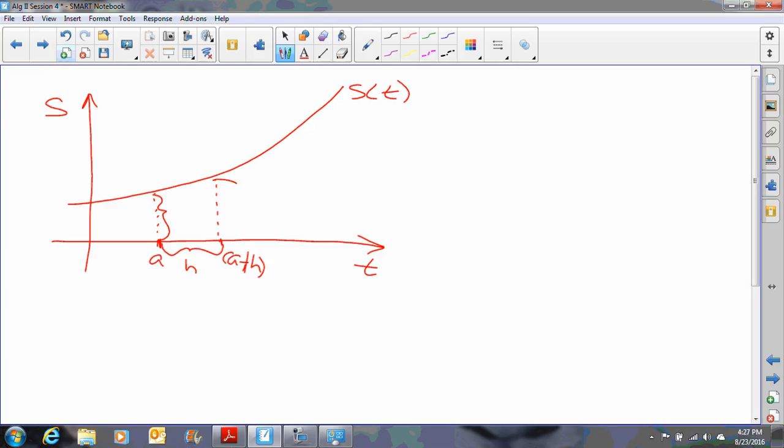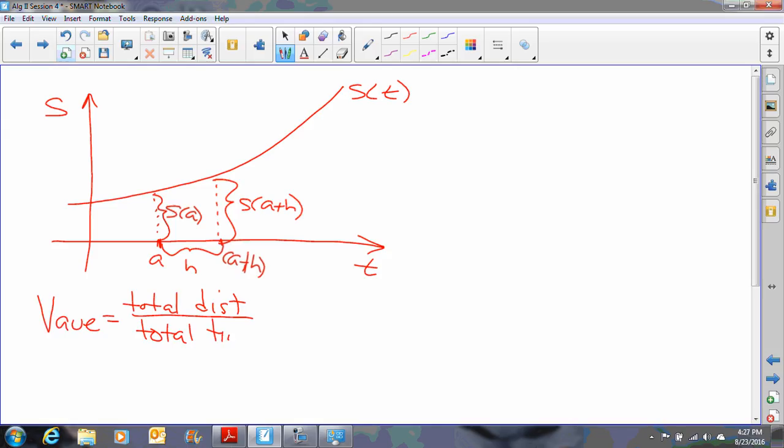The point is this far away from the starting point. Now, remember, average velocity is equal to the total distance divided by the total time it takes an object to move from one place to another.